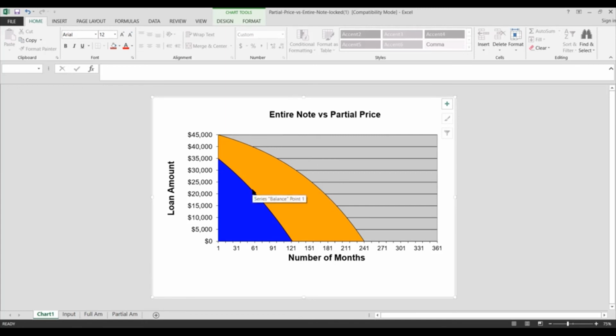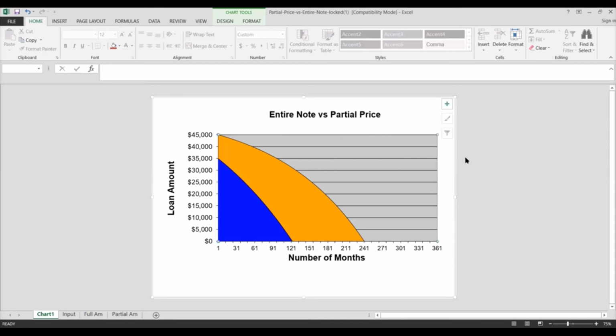The balance at 61 months is roughly 40,000. So we would get the difference between 40,000 and 23.5. The private investor is entitled to 23.5, he's paid out, and we get the difference between that 23.5 and the 40,000.